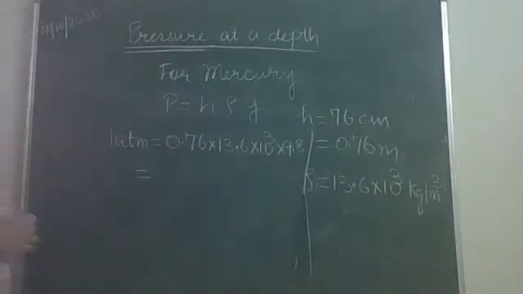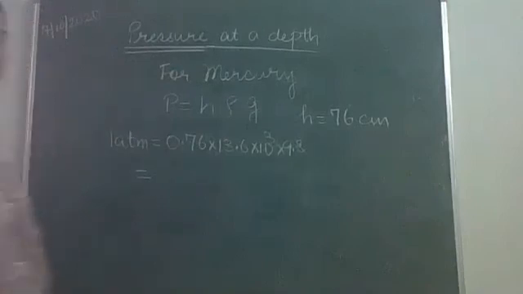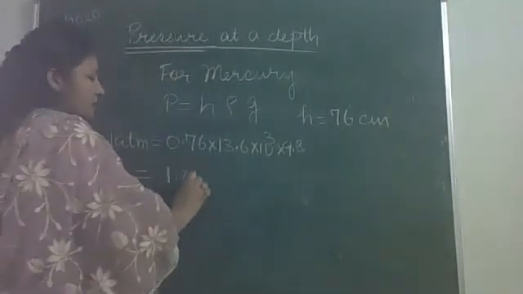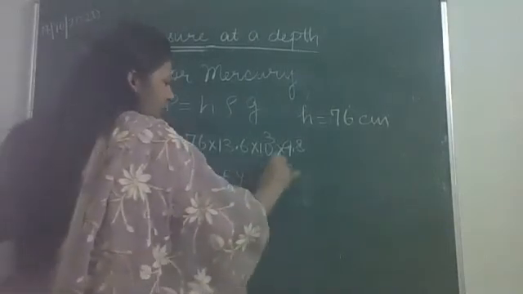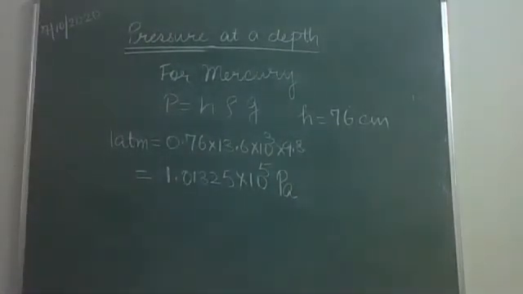I told you the value already. You will get the answer in pascals, and that would be exactly 1.01325 into 10 raised to power 5 Pascal. So this is how we calculate 1 atmospheric pressure. I hope this is clear.